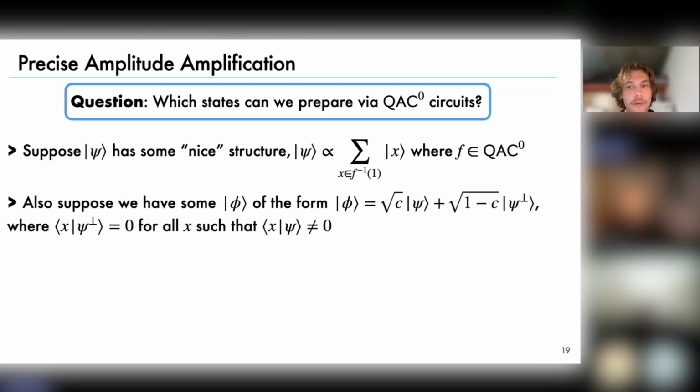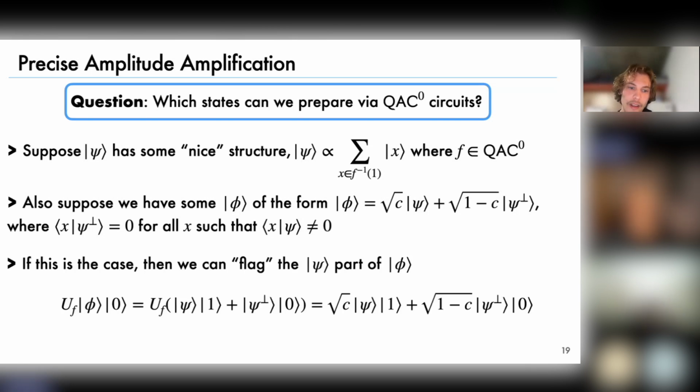And also suppose we have some state phi, which is supported well on psi, sort of in the right way. In particular, we can write it of this form, as square root c psi plus square root 1 minus c psi perp, where psi perp is going to be unsupported on any of the relevant basis states.